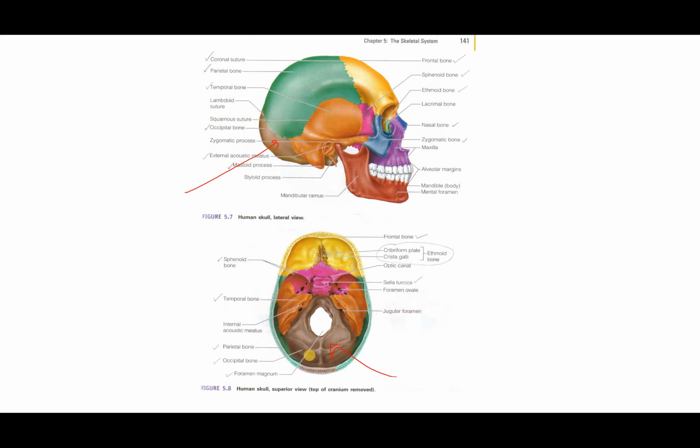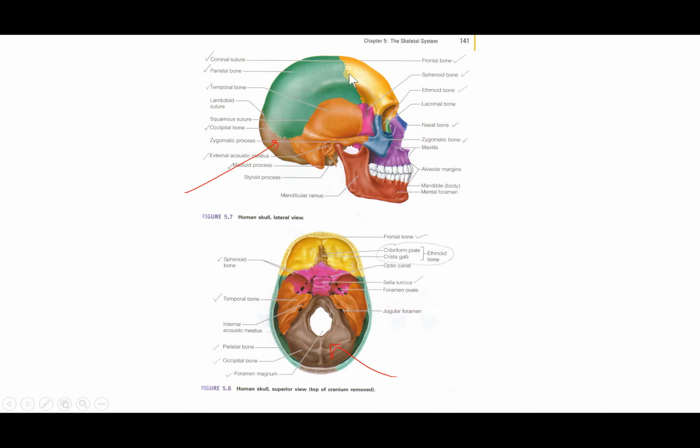As you're looking at pictures, looking at real bones, and in your study time, just know that it's the same bone, and it can be viewed from a different angle. Okay, there's my disclaimer.